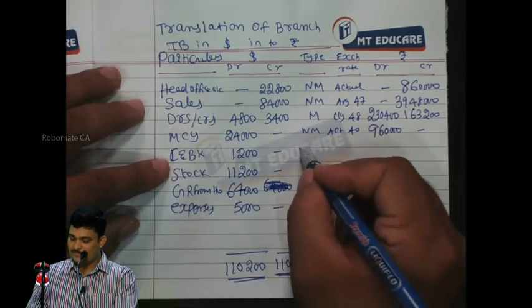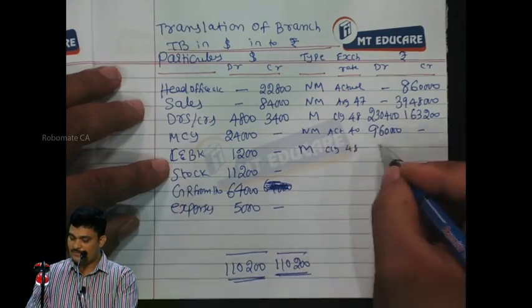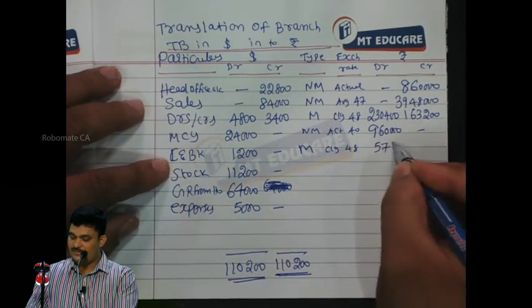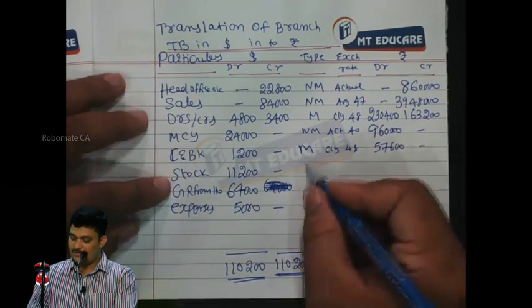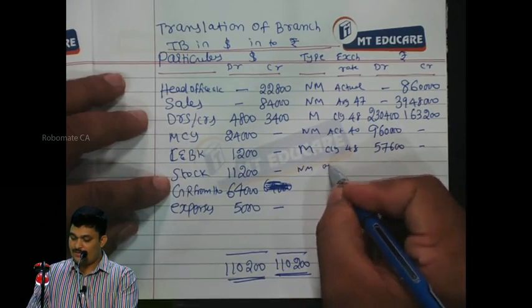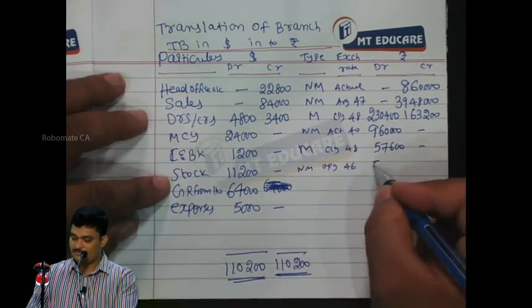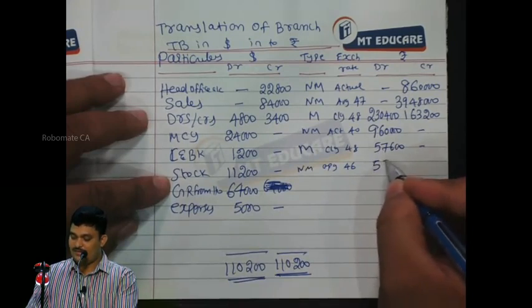Cash at bank, monetary 57,600. Stock, non-monetary opening 40, 50.